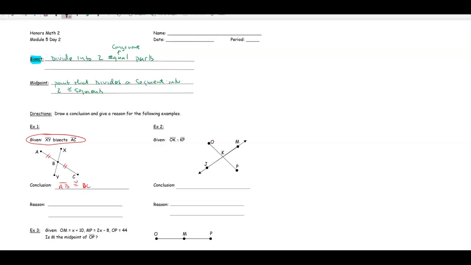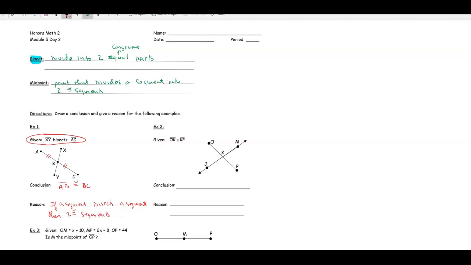And our reason why is if a segment bisects a segment, then we get two congruent segments.